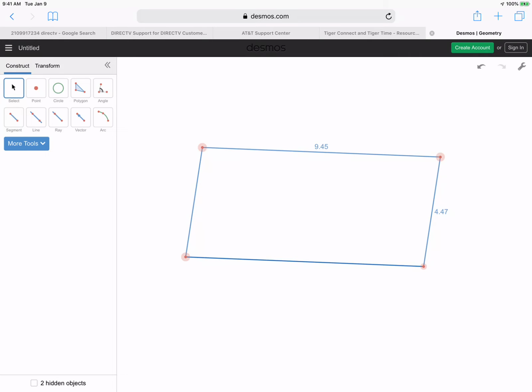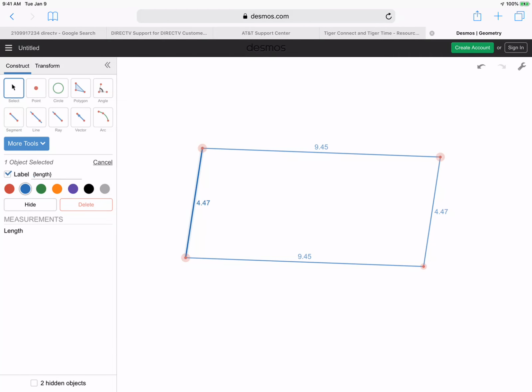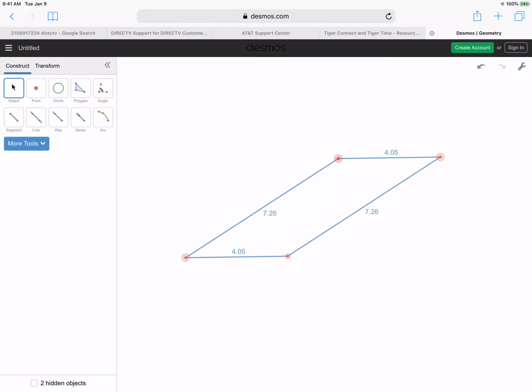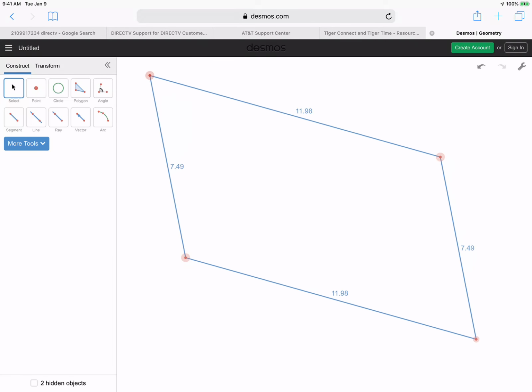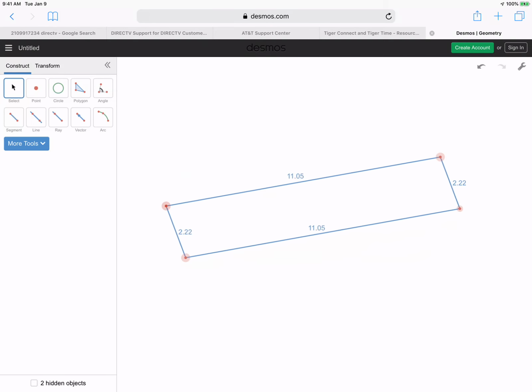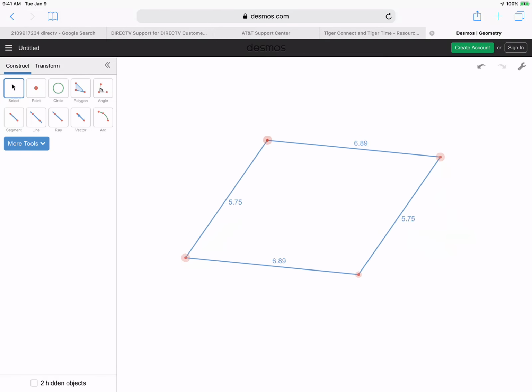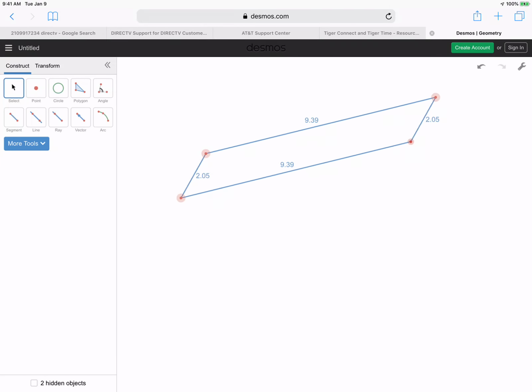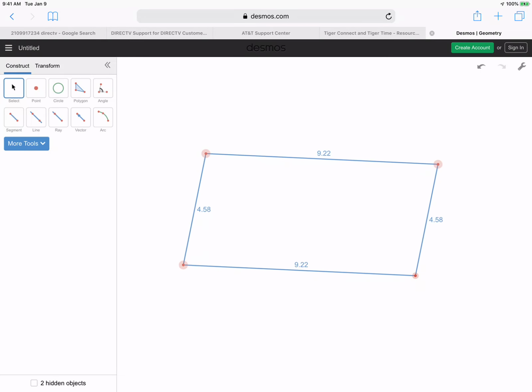I'm going to measure another side's length and the fourth side's length. All right, and what you may notice is that we have some sides that are congruent to each other. And you'll notice I've created a general parallelogram that can move into any parallelogram. Just by moving the vertices, I can change it into any parallelogram I want it to be. But what you should notice is that the opposite sides are congruent to each other.